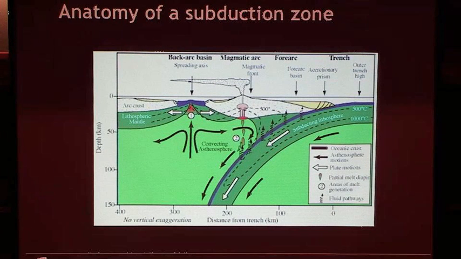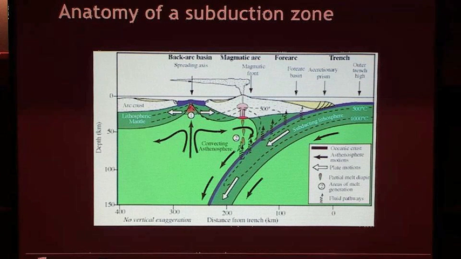Behind the trench, this plate is bending. We think of it as a viscous sheet or a bending plate, and so there's a little bit of outer rise topography that's been measured, and it can be related to the bending moment. So the moment is the weight of the slab that's bending this plate, and so it's producing a little outer rise there.